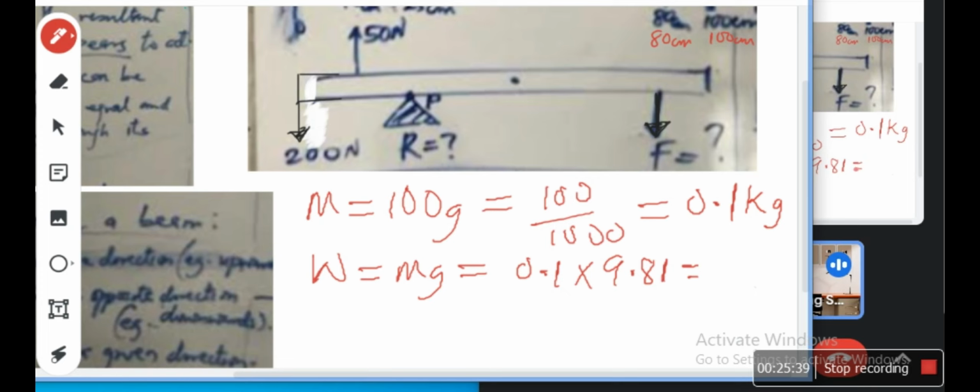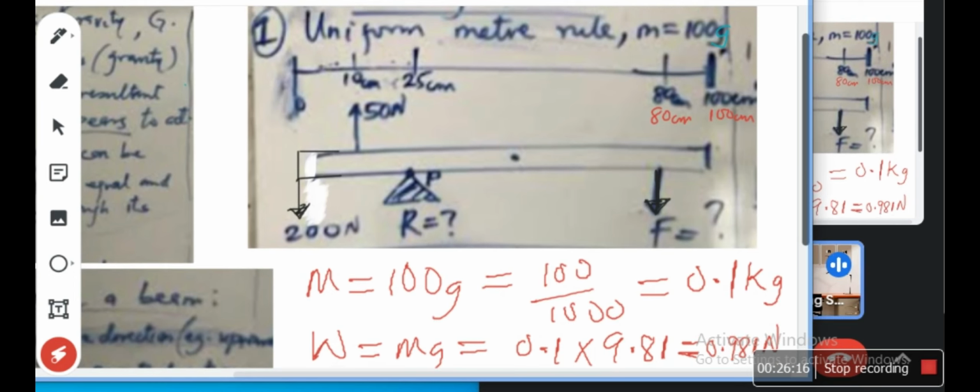Okay. This gives you 0.981 Newton. Can you respond at your end? Yes, sir. Always make sure you are responding immediately so that we can all carry you along. So the weight is 0.981 Newton because the mass is 100 grams.